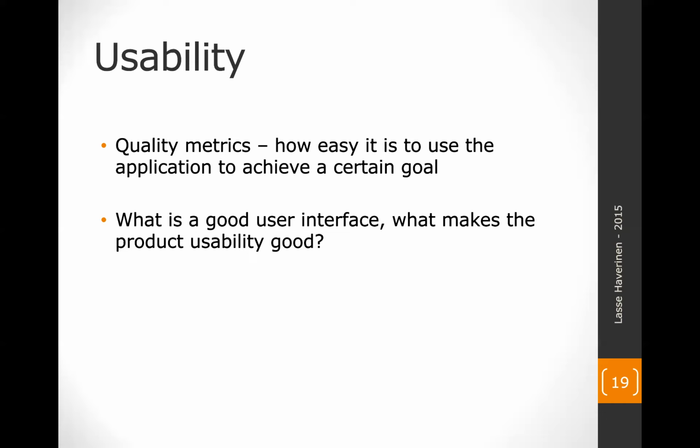For example, if you're creating an application for some military purposes, it might be that there is a selection process for the users. That selection process eliminates people with visual problems. It might be so. But if you're creating a consumer product, then very likely there are consumers with different visual problems, for example. So yes.